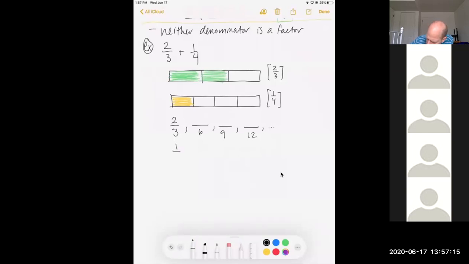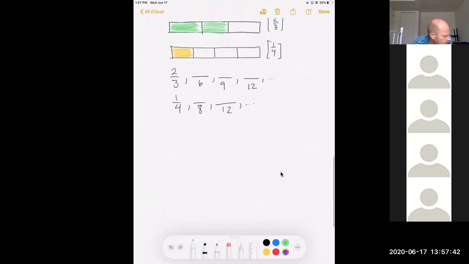The next one is a 4th that I'm comparing with. You subdivide that one into 2 pieces, which makes 8ths. Or if you take the 4ths and subdivide them into 3 pieces each, you get 12ths. Okay, and when I get the same denominator here, that means I've subdivided them into the new common denominator.